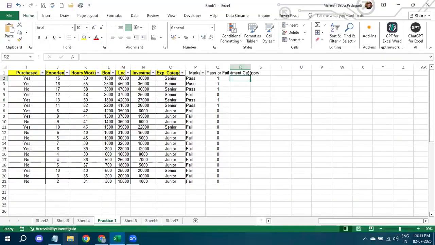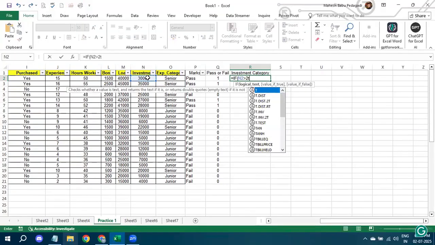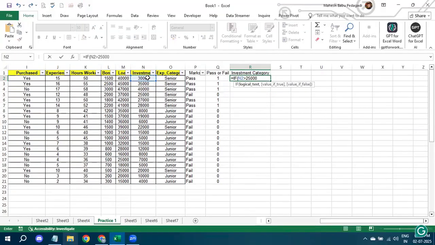See, what is the condition? Equal to IF. What is the logical test? If this condition is greater than 25,000, what will be the result I need to get? See, when I place a comma, it changes the color. That means the logical test is done.